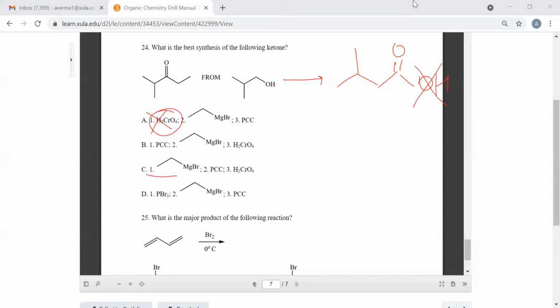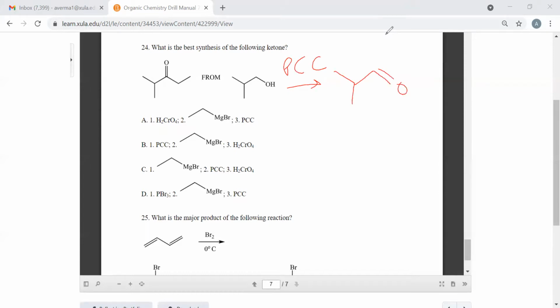None of these are using the oxidizing agent first. So none of these is going to be my product. Now I'm definitely interested in this pathway. If you go back and look at what I had, I also had PCC first. Why? Because you don't want your primary alcohol to become a carboxylic acid all the way.